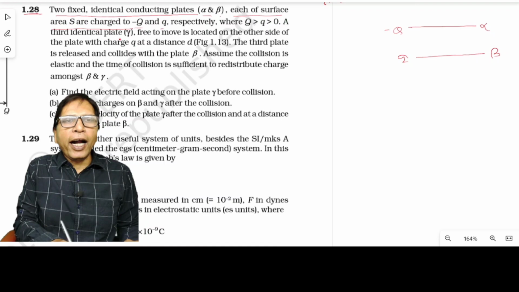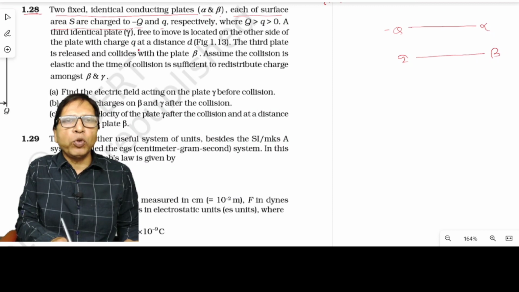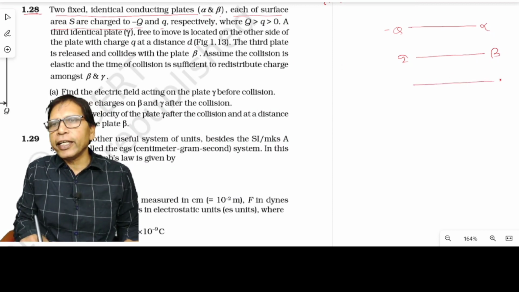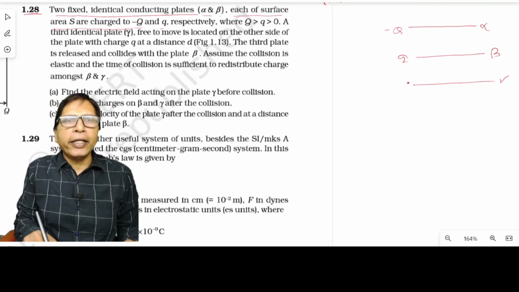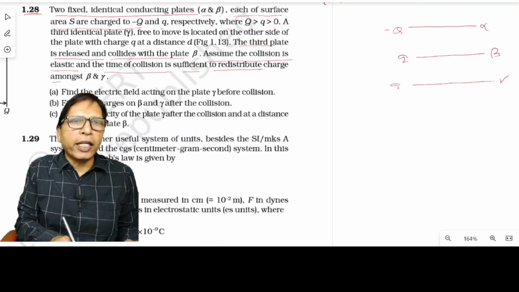A third identical plate gamma, free to move, is located on the other side of the plate with charge q at a distance d. Look at this, this is the plate gamma with charge q at this point. The third plate is released and collides with the plate beta. Assume that the collision is elastic. The time of collision is sufficient to distribute the charge between beta and gamma.